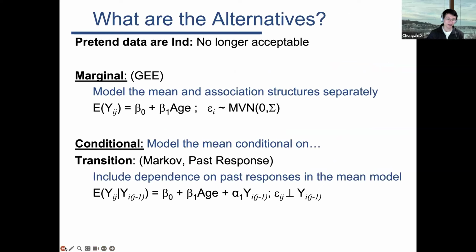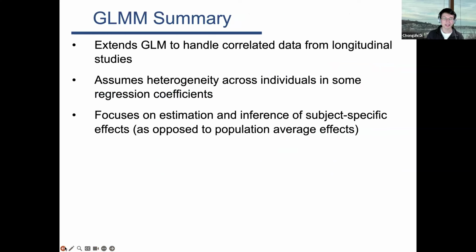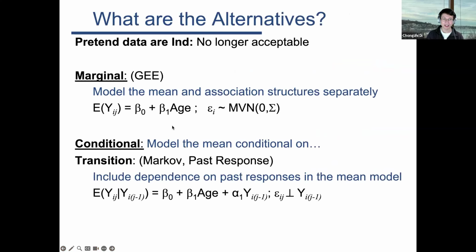Finally, I'll mention a few alternative approaches. In this workshop, I really focused on random effects or mixed effects models. If you wonder what other options we have for longitudinal data, the first one is the so-called naive approach, where you pretend the data are independent.